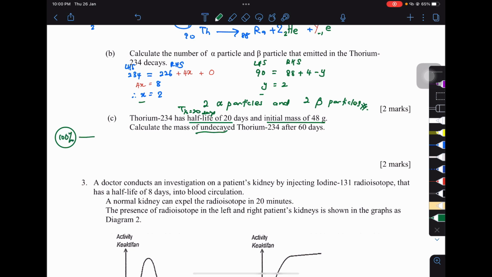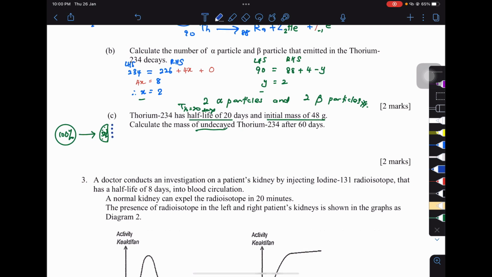After it becomes half, this is present, and we lost another 50%. The question does not want the decayed, it wants the undecayed.